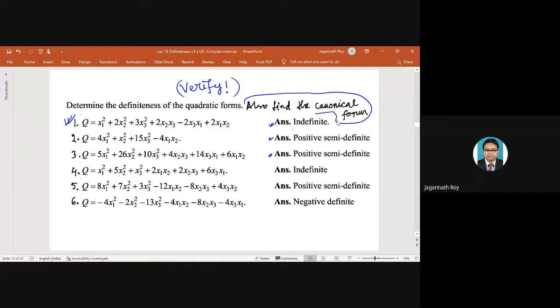So that means if you want to find the canonical form, you have to go through finding the eigenvalues. Otherwise, you cannot say the canonical form. But if the task is only to find the definiteness, or the nature of the quadratic form, then finding D1, D2, D3 is sufficient.